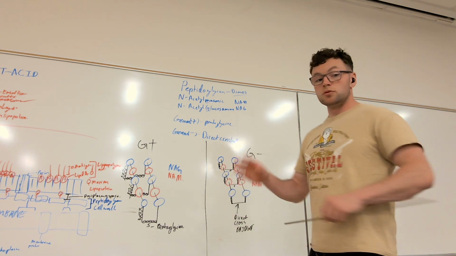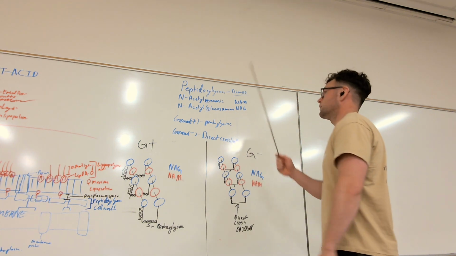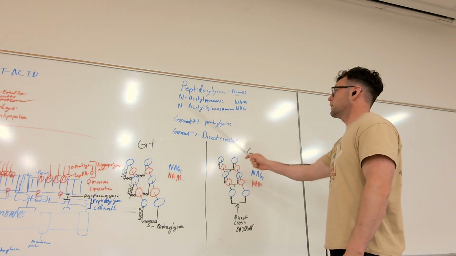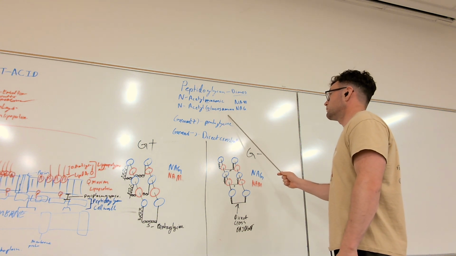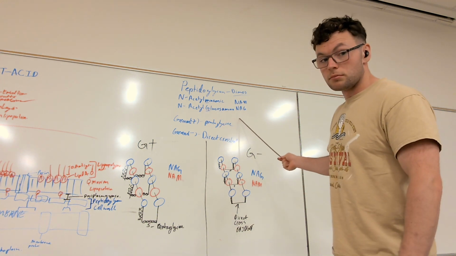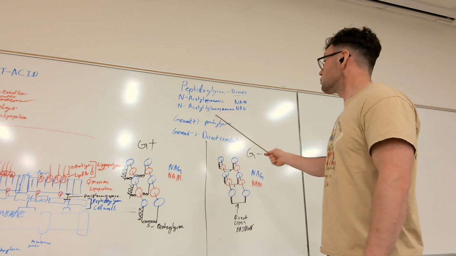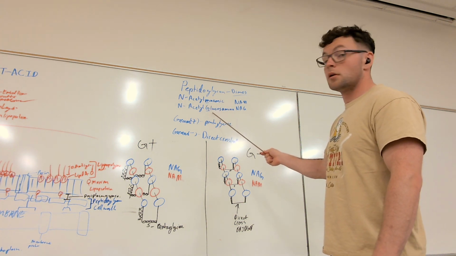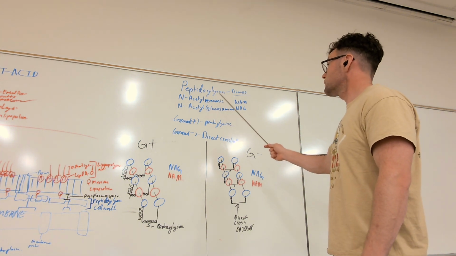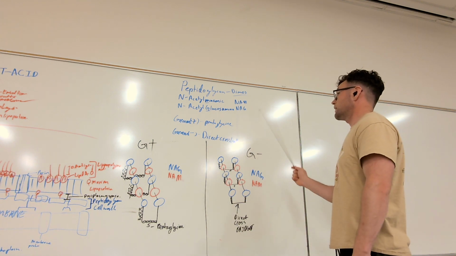It's got two important basic components, dimers, you might say. And these are N-acetylmuramic acid and N-acetylglucosamine. Amine, sugar, glucose, muramic acid, NAMs and NAGs.